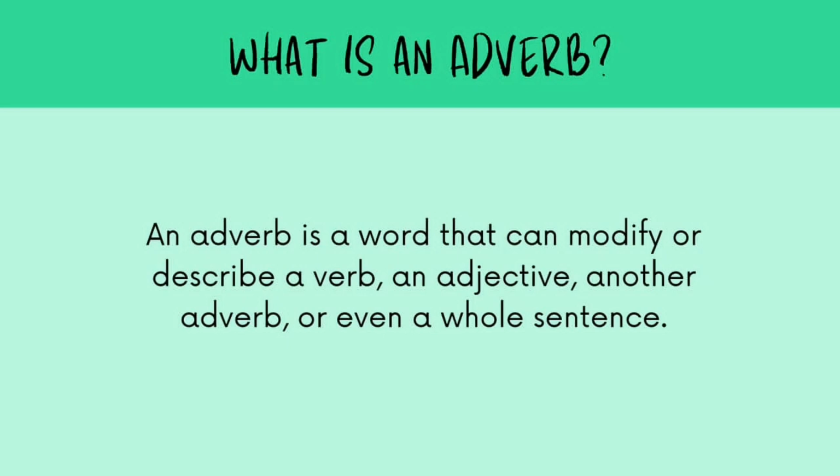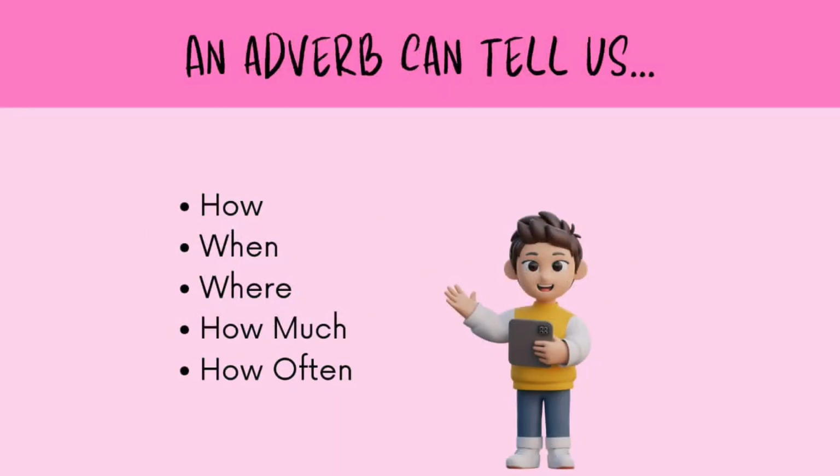It talks about the action. It describes the action performed in a sentence. It modifies an adjective. It can also modify another adverb or even a whole sentence. As we delve further, you would be able to see the different ways that an adverb modifies a verb, an adjective, or another adverb or even a whole sentence.